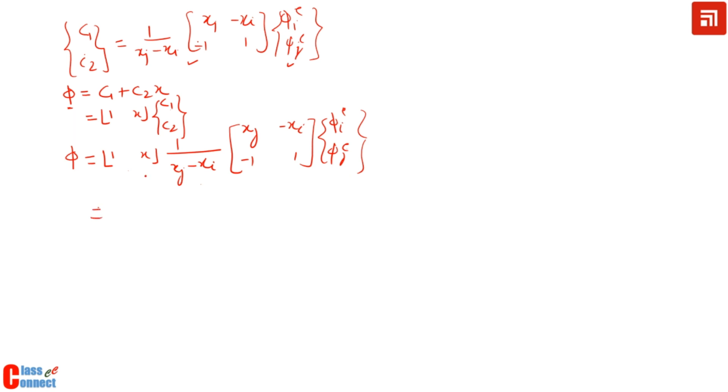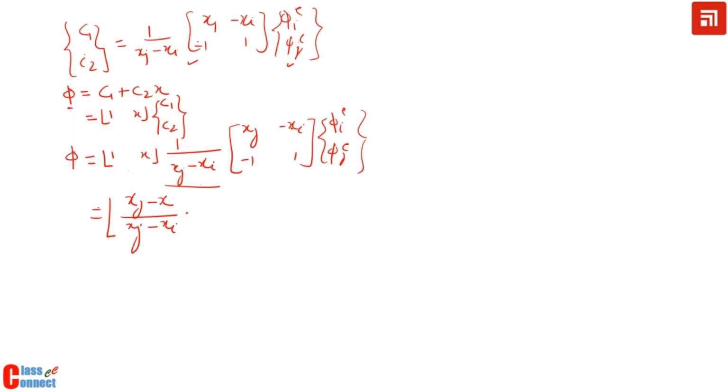This is basically a constant term. I can take it out. This is to be multiplied by this. So if I multiply this with x, it will be xj. This into this and this into this is minus x, divided by xj minus xi, and then we can have this phi i, or we will write it in the next step so that it is more clear.